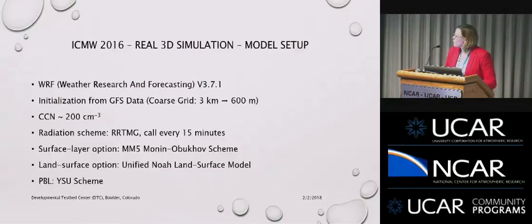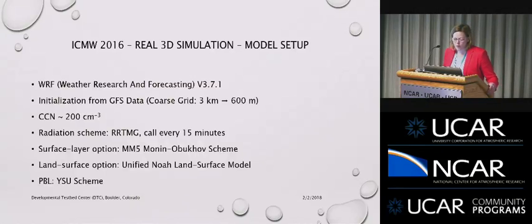In this case, I used the Weather Research and Forecasting model version 3.7. The initialization was from GFS data from a 3 kilometer coarse grid nested to 600 meters. We used almost constant CCN, which is described by maritime conditions, but in this case, also RSO measurements are available.